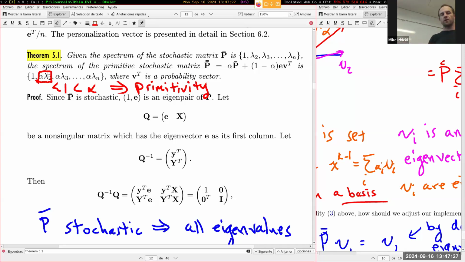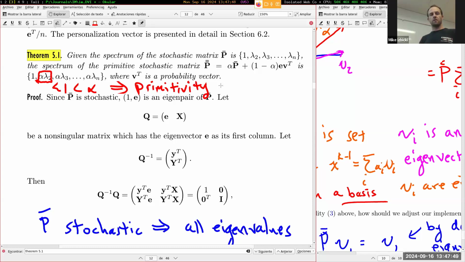Primitivity itself is a strictly binary relation. You either are primitive or not primitive, but a lot of these binary relations have some way of measuring how much you are of that. And so alpha, you can think of as how primitive you are. Good questions. Did that answer your question?